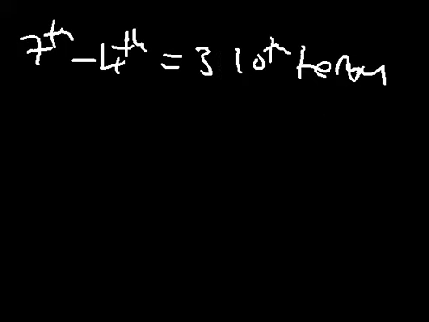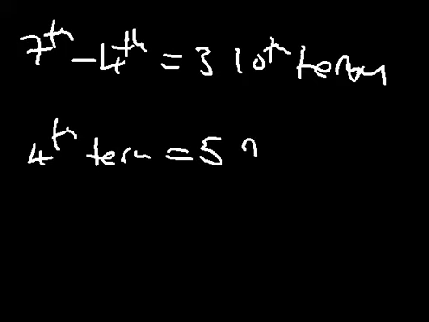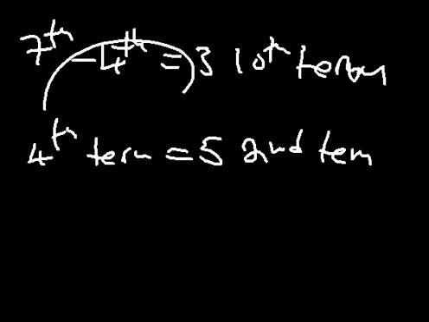And we are sure that the 4th term is 5 times the second term. What is the first term, common difference, as well as the nth term formula for this particular arithmetic progression series?